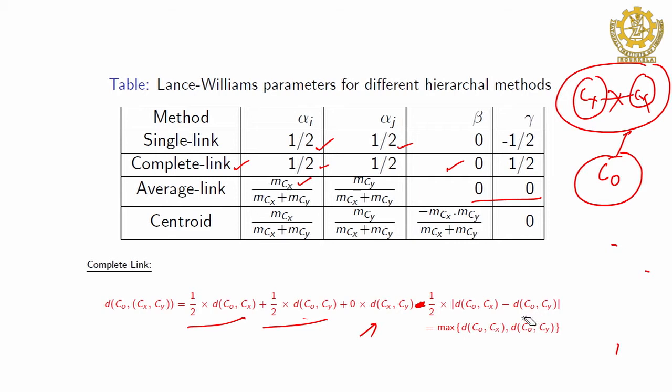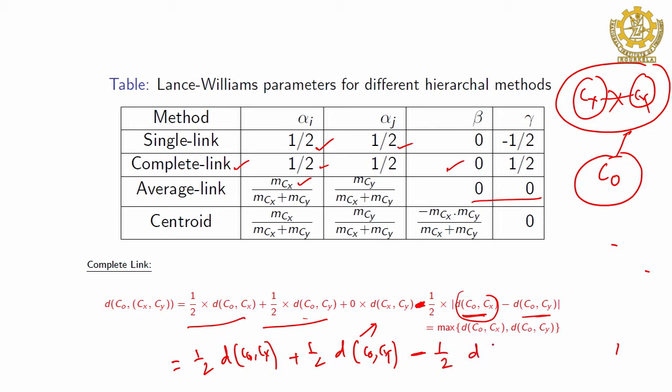Now, we consider this is greater than this distance. So, obviously, this value will be positive. So, then what you can write here, half of the distance C0Cx plus half of the distance C0Cy, and then we consider this is greater than this distance. So, this total value will be positive.